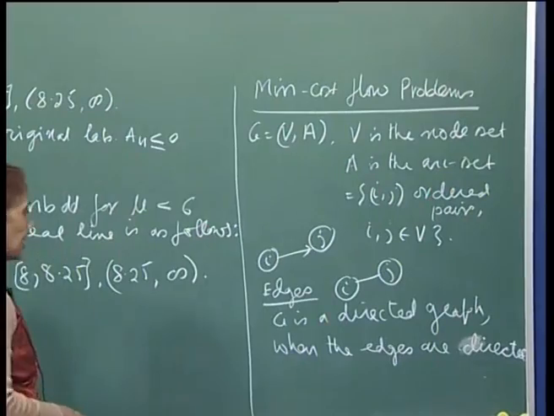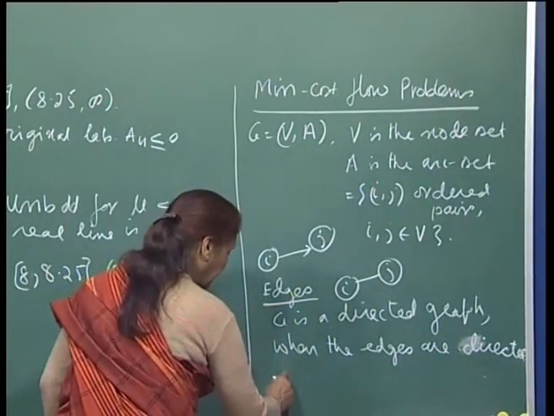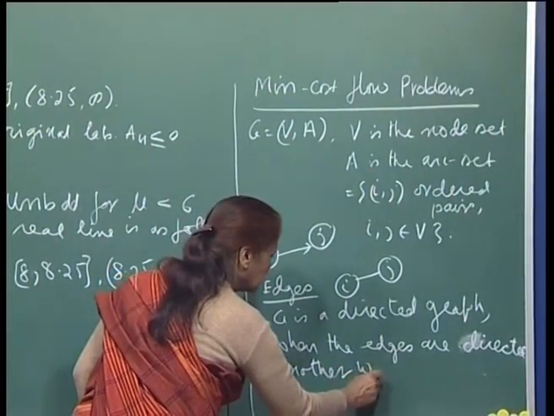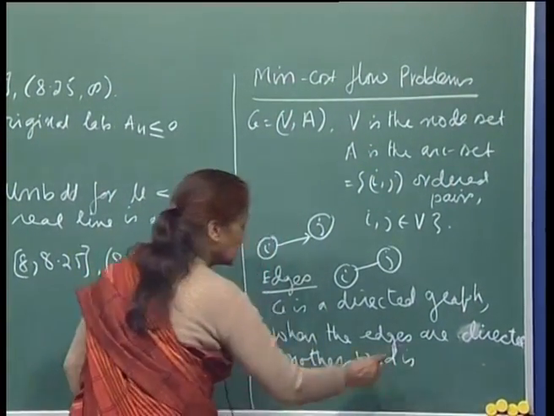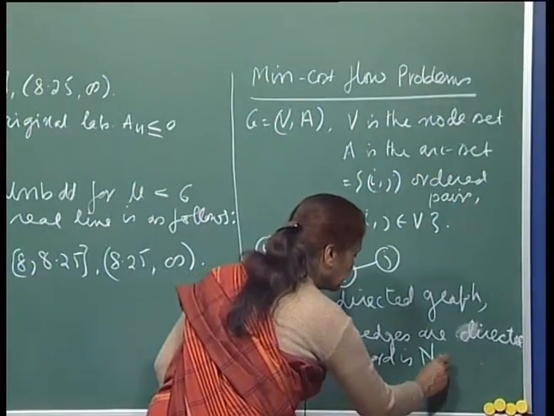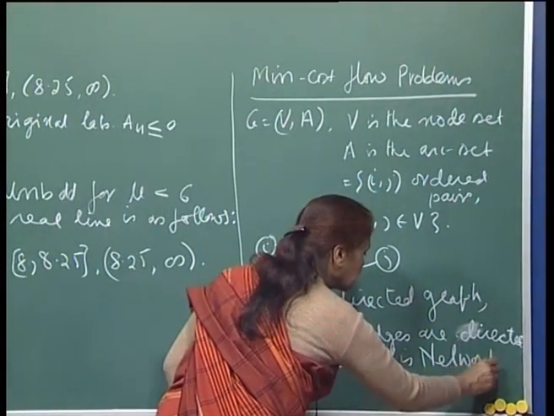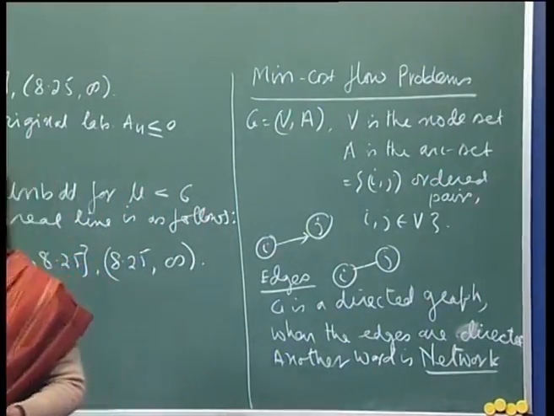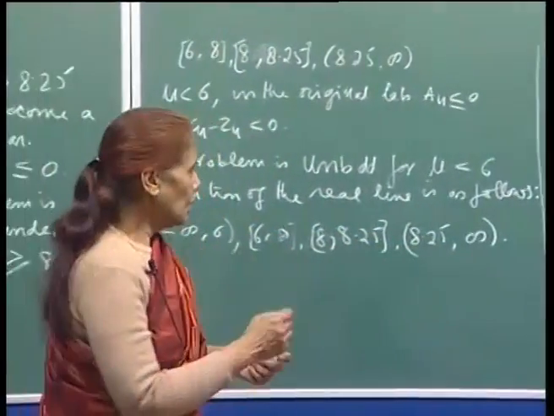G is a directed graph, and another word for a directed graph is network. So, it is a network. So, network implies that there is direction from a node to another node.